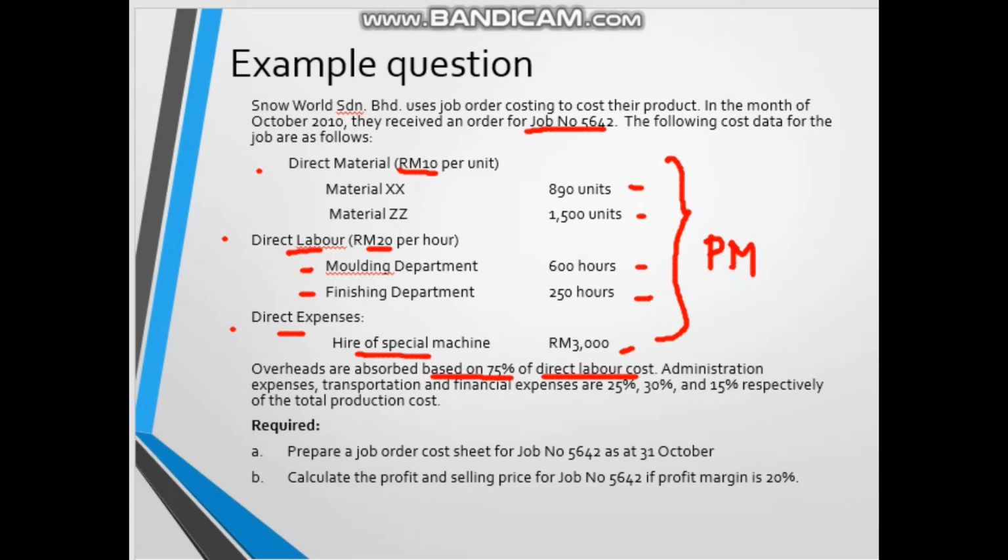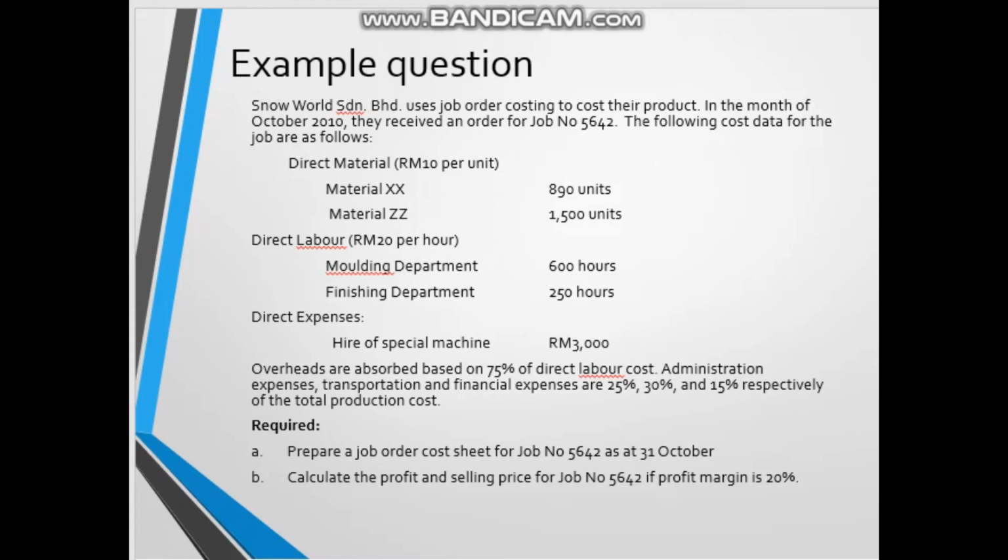So we have to total up our direct labor cost and multiply it by 75% to get the overhead. Then the admin, transportation, and financial are already given: admin 25%, transportation 30%, and financial 15%.